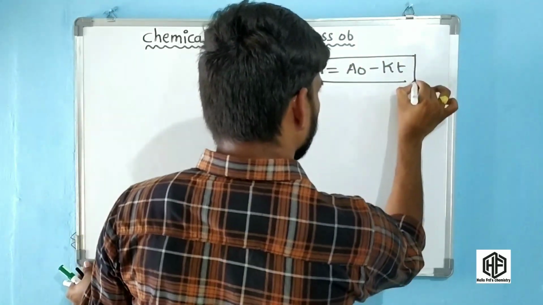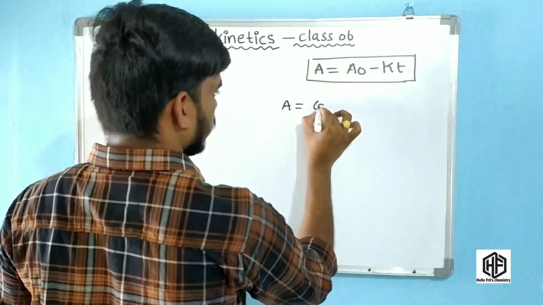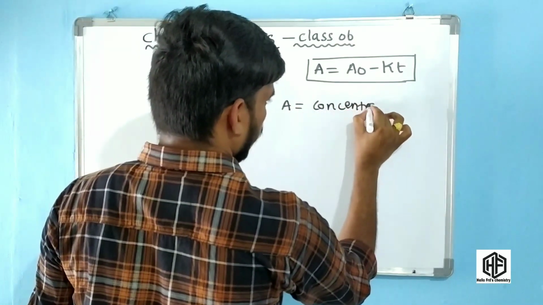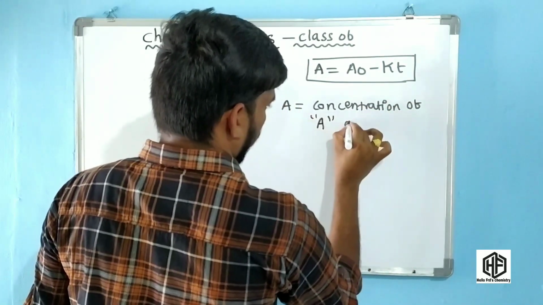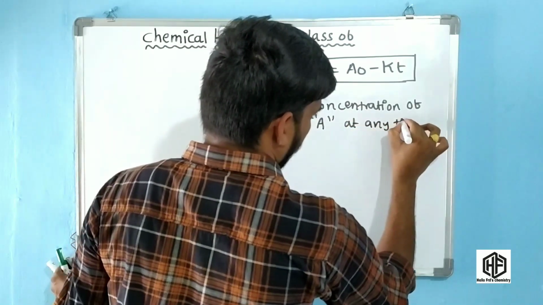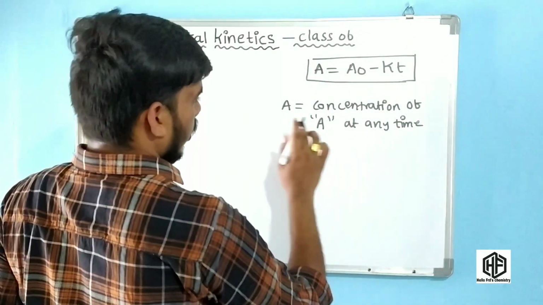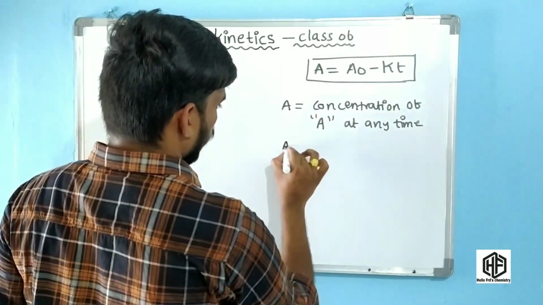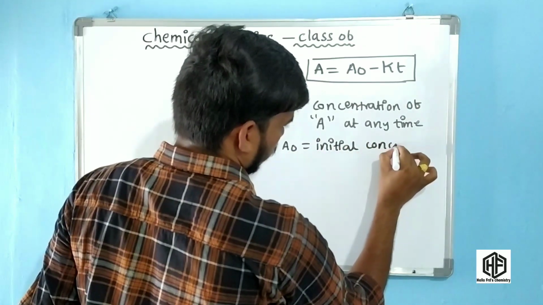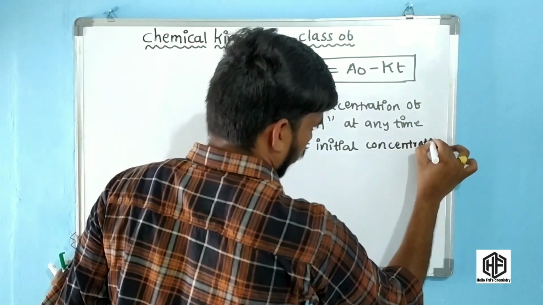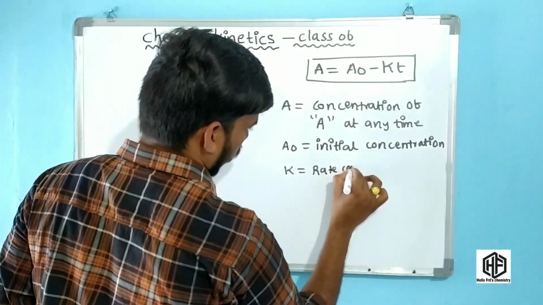In this expression, A is the concentration of A at any time, A naught is the initial concentration, and k is the rate constant.